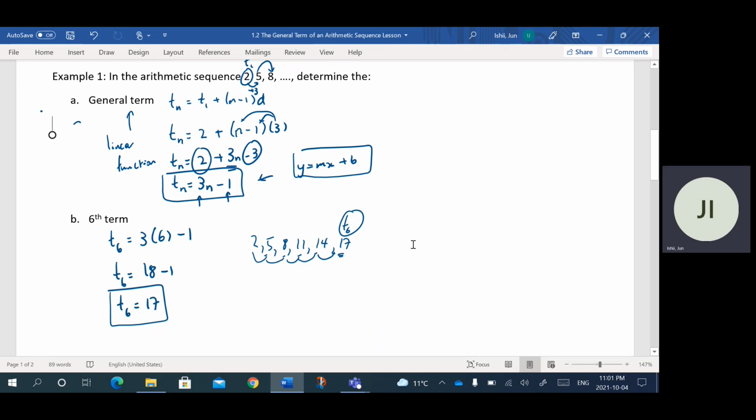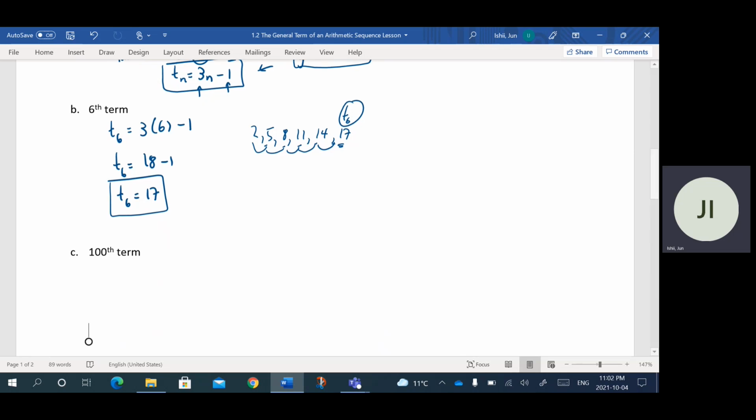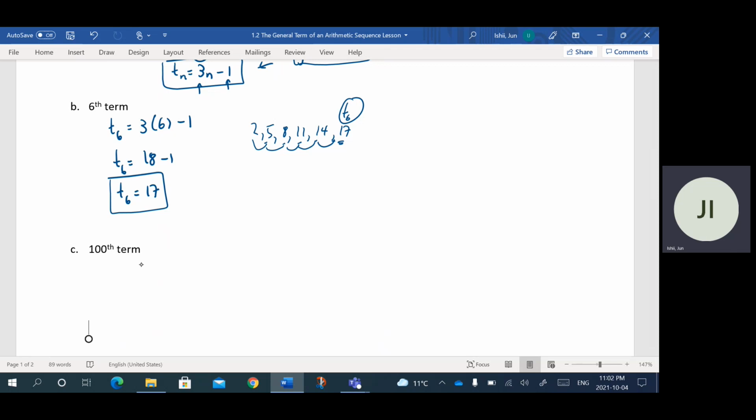Now, that being said, let's say I want to find the 100th term in this sequence. It probably doesn't make any sense to write out all 100 numbers. So if you're asked to find the 100th term, what we need to do is actually use the formula. So I'm going to find T100.